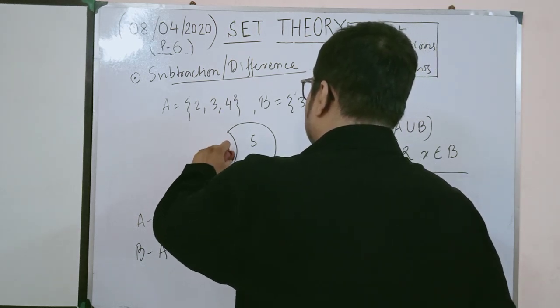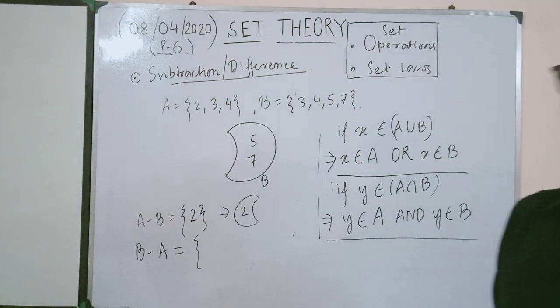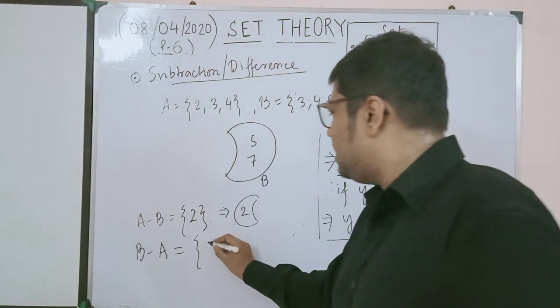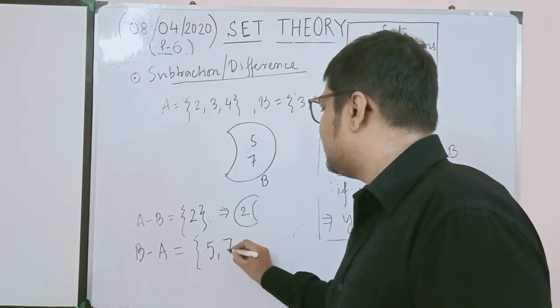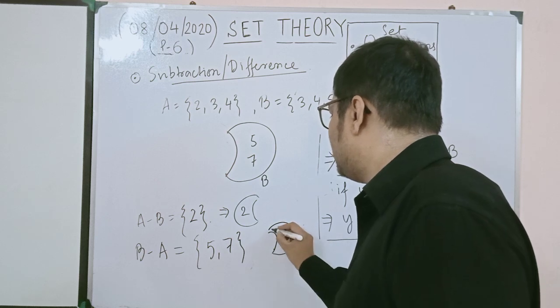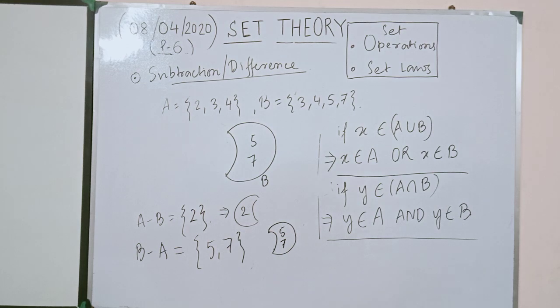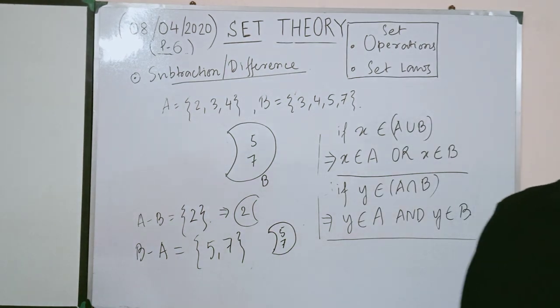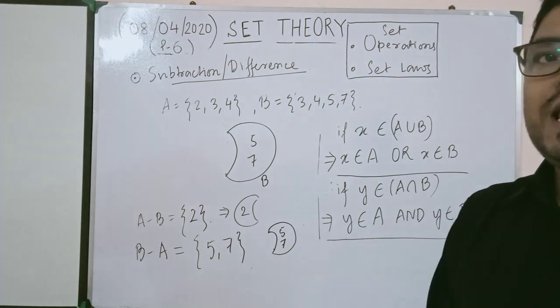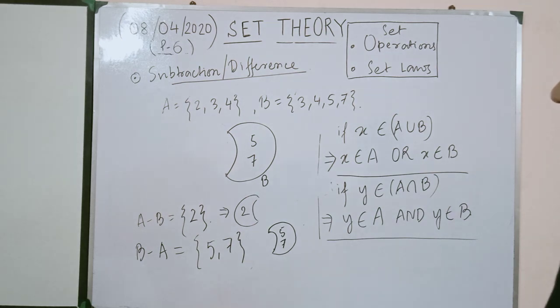Look at it. What do you get? You get only 5 and 7. That means this part of the crescent where you get 5 and 7. Could you follow? So A minus B and B minus A are actually done like this.